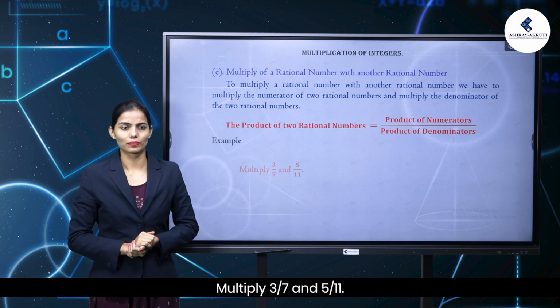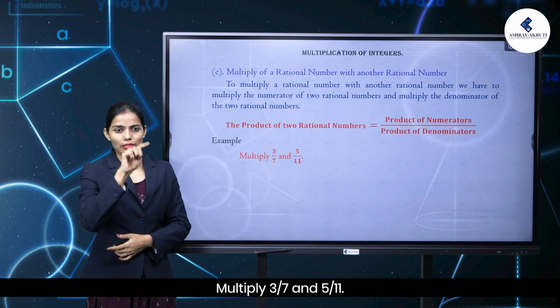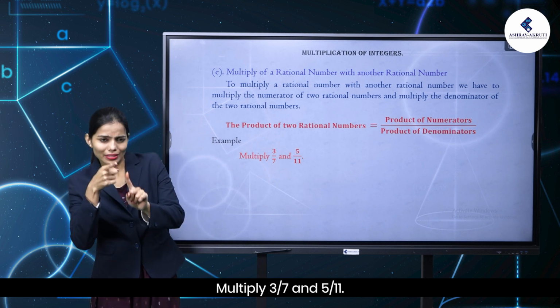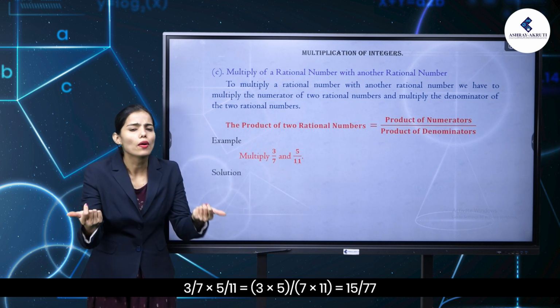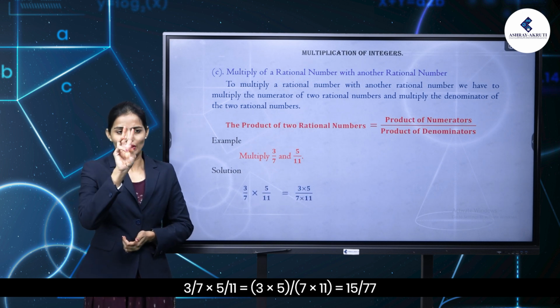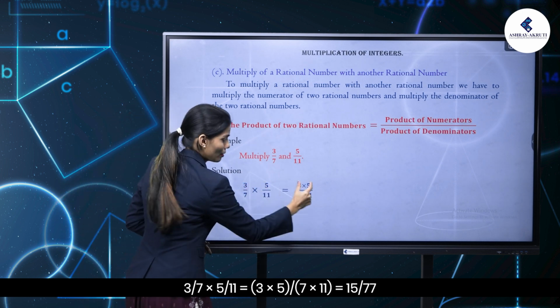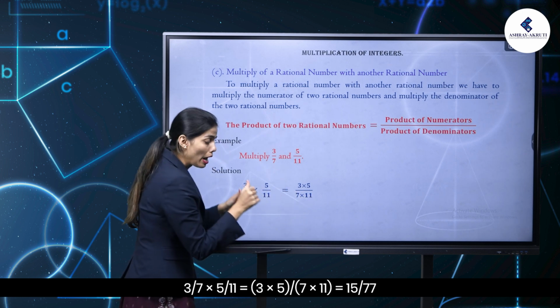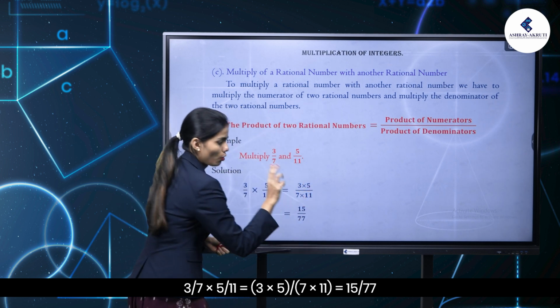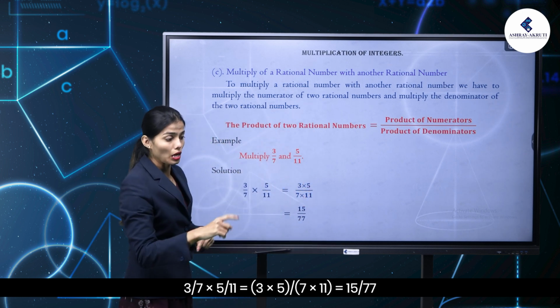Example: multiply 3/7 and 5/11. Solution: 3/7 into 5/11 is equal to (3 into 5)/(7 into 11), which is equal to 15/77.